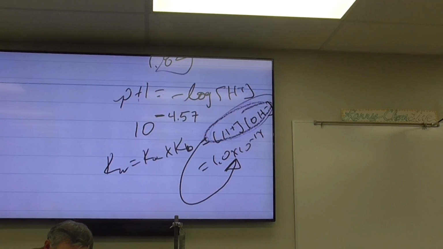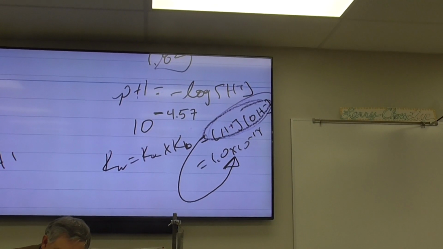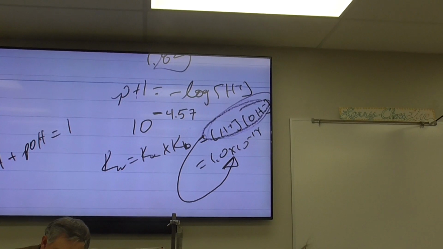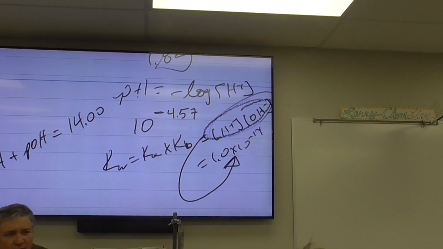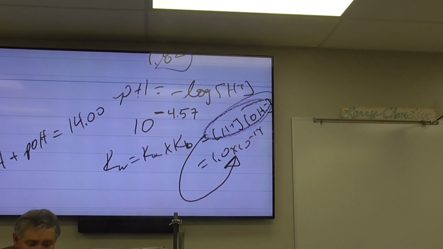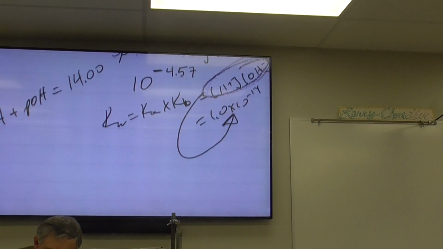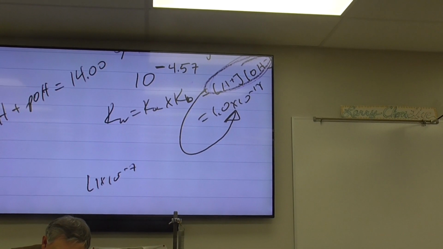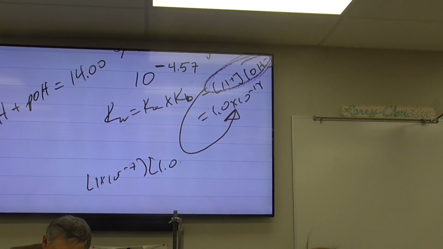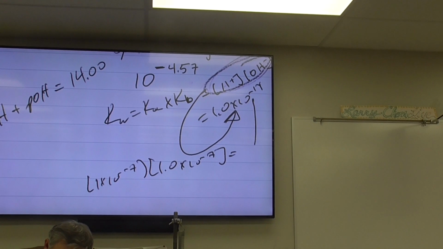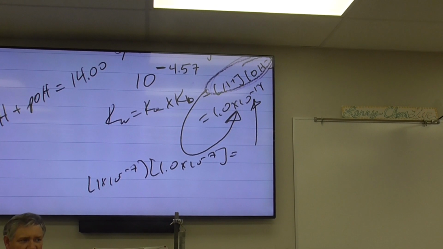What that also means is that if I take my pH and add it to my pOH, I'll always get 14. Neat. So if water is neutral, the hydronium ion concentration, 1 times 10 to the negative 7th, times the hydroxide concentration, 1.0 times 10 to the negative 7th, equals 1.0 times 10 to the negative 14th.